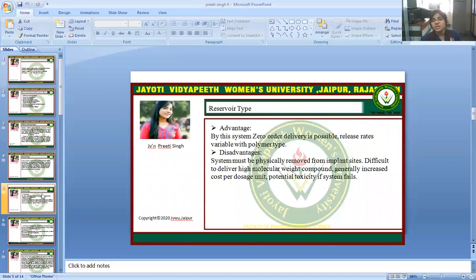What are the advantages of the reservoir type? By this system, zero order delivery is possible, and release rate varies with polymer type. The disadvantages: the system must be physically removed from the implant site, it is difficult to deliver high molecular weight compounds, there is generally increased cost per dosage unit, and potential toxicity if the system fails.